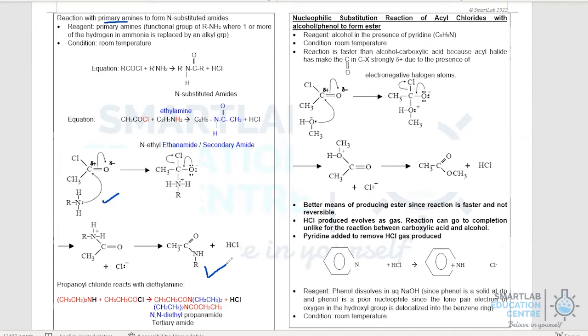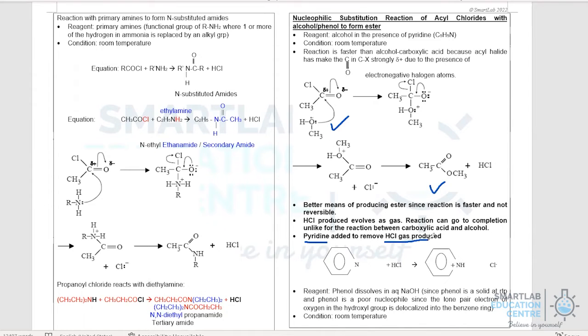And needless to mention, if you use a secondary amine, for example, with 2 R groups bonded to N, then you will end up with a tertiary amide. Finally, it will react with alcohol to produce your ester, and it will also react with phenol to produce the ester as well.